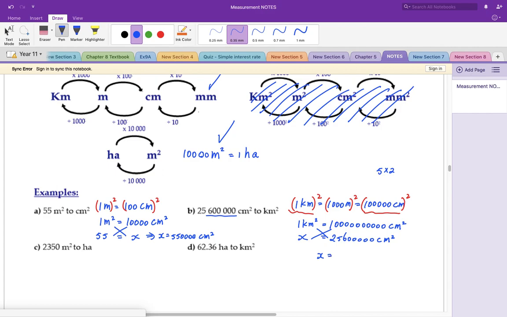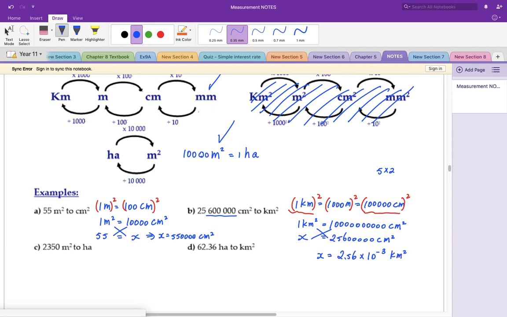So x is equal to, put it into the calculator, 256,000,000 over 1 and 10 zeros. And that will give you 2.56. On the calculator it tells me it's 2.56 times 10 to the power of -3 kilometers squared.